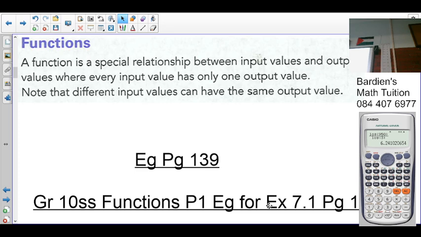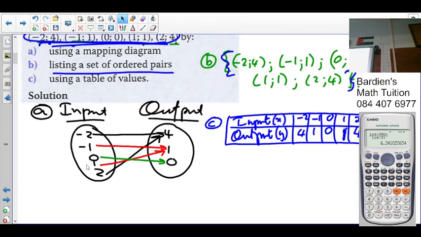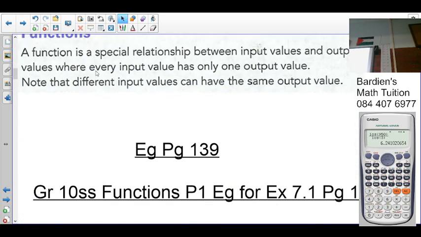For every input value, there's only one output value. Note that different input values can have the same output value. In this case here, this is definitely a function, because for every input value there is an output value. You'll learn later about one-to-many functions and all of those things.